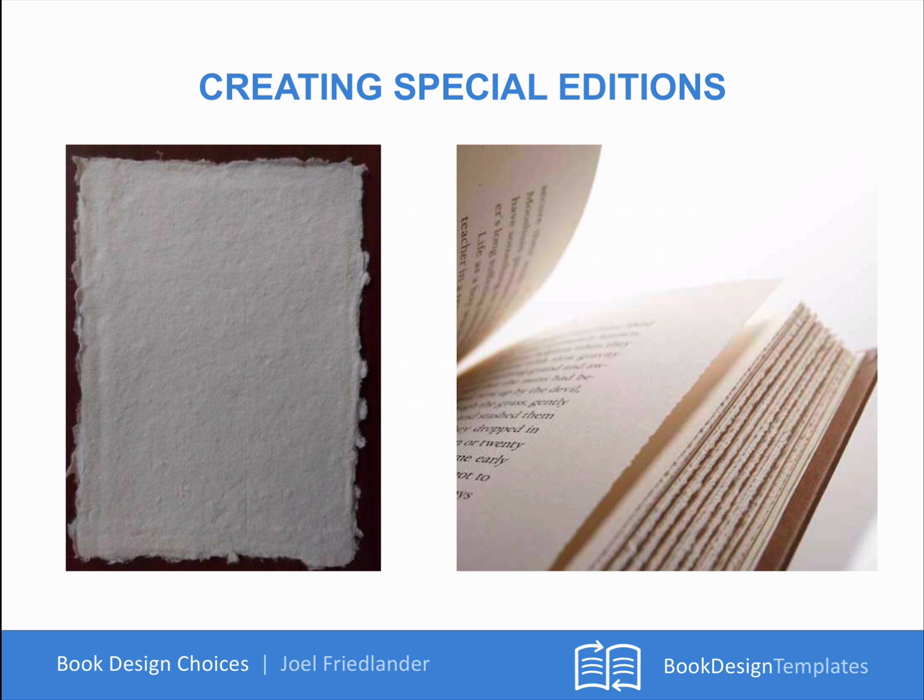What you're looking at there is a sheet of paper that was handmade in a mold. And the mold is a wire form with a wooden frame, and they dip it into a vat full of paper fiber that's floating in water, and they lift it out, and around the edge of the frame, you can see clearly that the edges are very rough, where the fibers didn't go all the way to the edge of the frame. Now that is a natural Deckle edge.